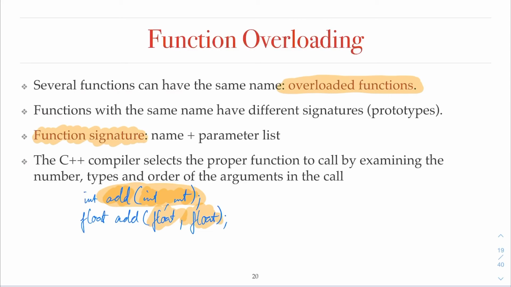So if you have another function, let's say float add(int, int), well, for you it's alright because I have 2 different functions. No, the compiler says you cannot do that, because the function on the left has the same signature as the function on the right.